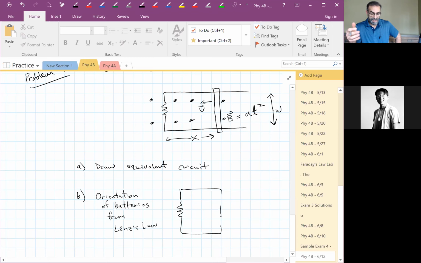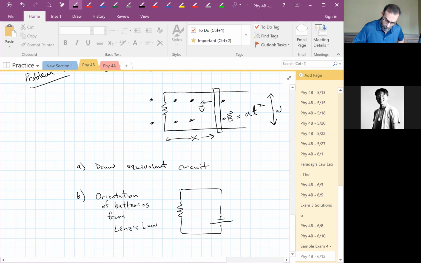As the magnetic flux increases out of the page like this, a current would get set up to create its own flux into the page. So it would be going clockwise. So that means that I could put a battery over here, right? In this orientation.